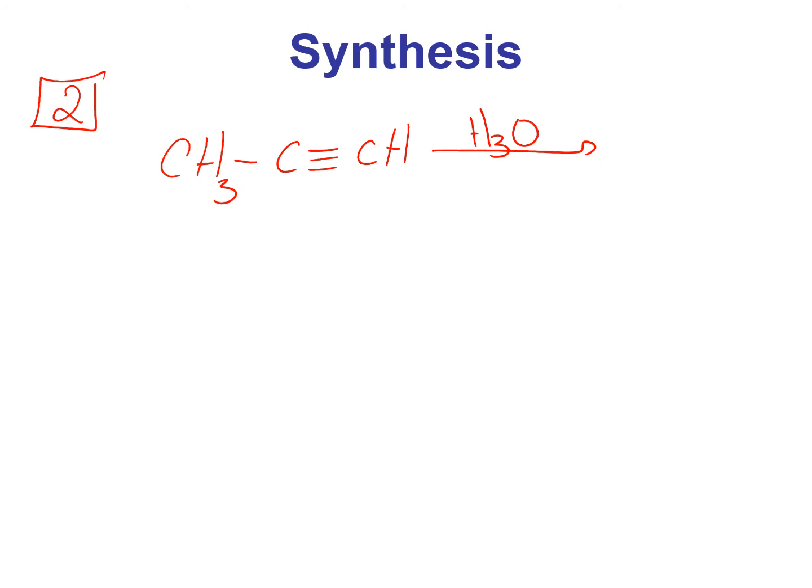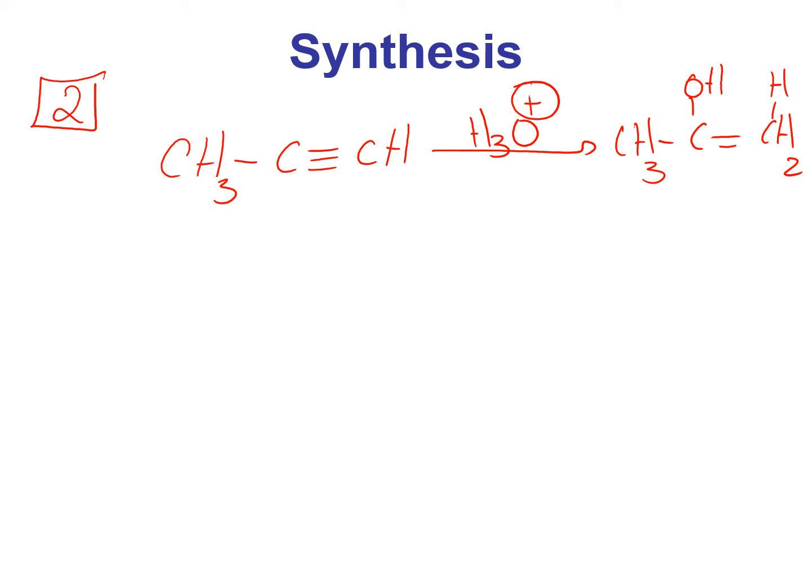The second method of preparation of aldehydes and ketones is from alkynes. When you hydrate them, they will give, in the first step exactly like alkenes, an OH on one carbon and a hydrogen on the other carbon, based on whether you're using Markovnikov or anti-Markovnikov conditions.